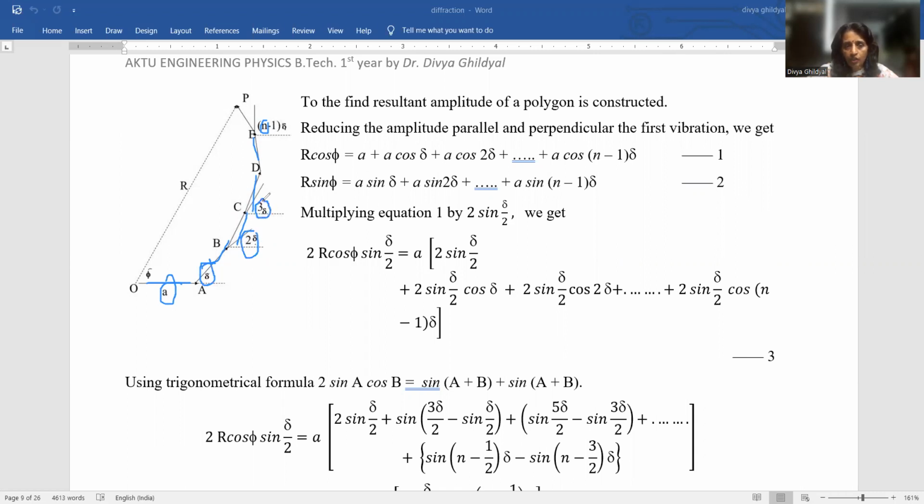Now we know from the basics of vector calculus that the resultant is given by joining the tail of the first vector to the tip of the last vector. This gives the resultant. So to find the resultant amplitude, a polygon, any geometrical figure with n number of sides, is constructed, and now we have resolved this component along the x direction and the y direction.